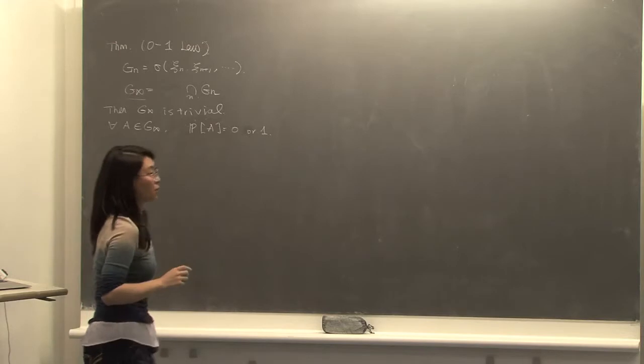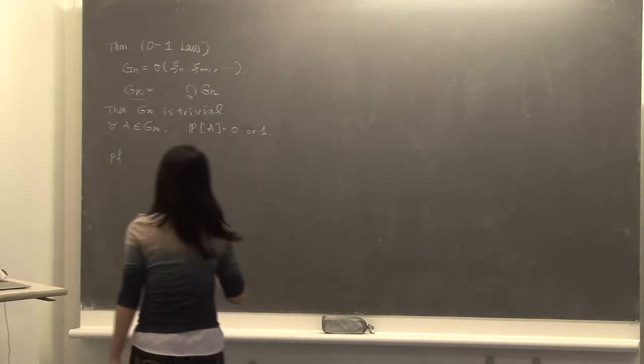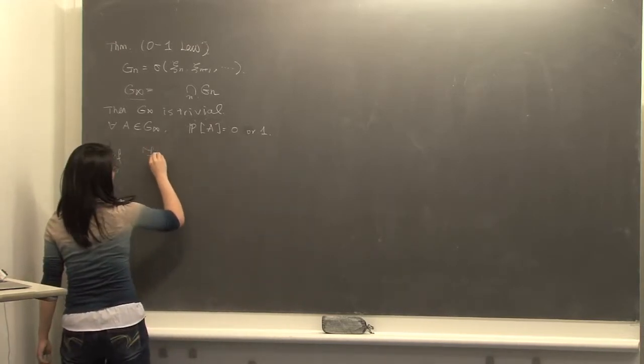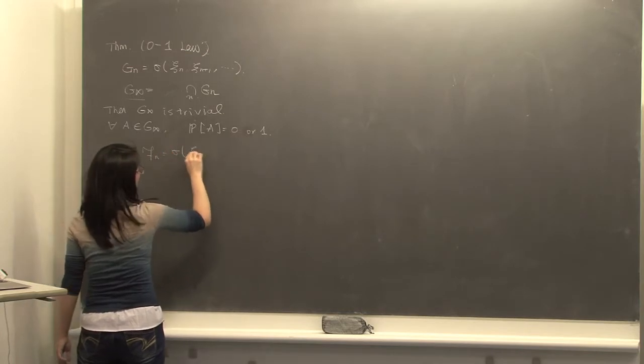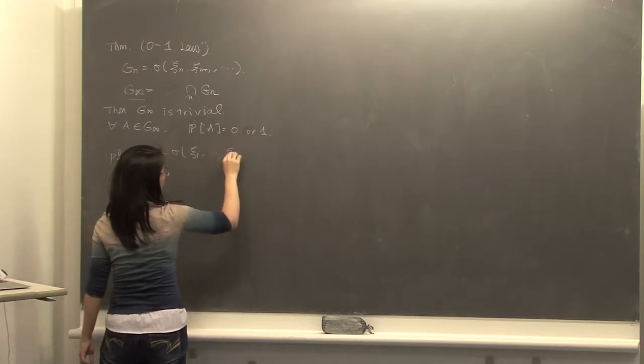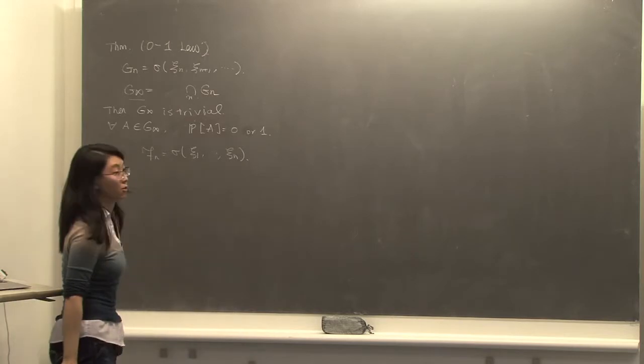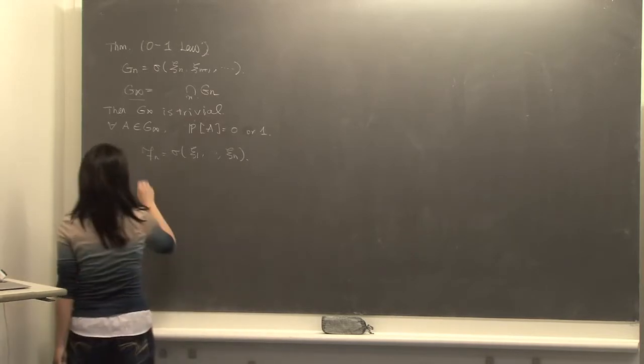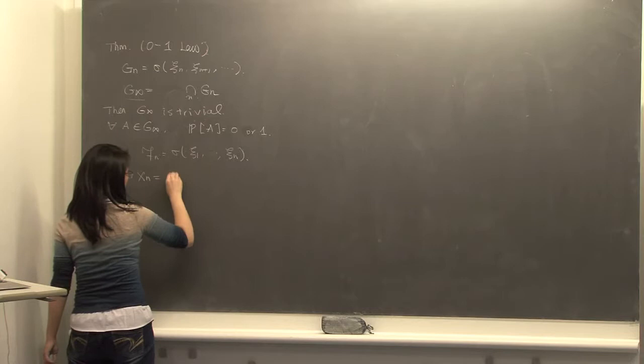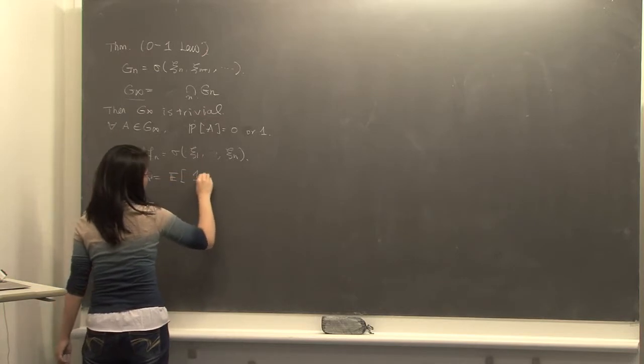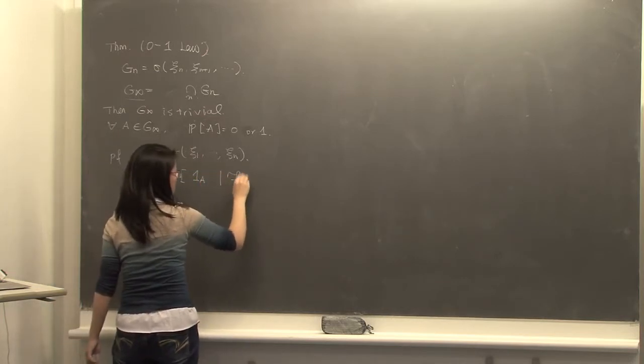Now we will give a new proof by convergence of martingales. So we define Fn in the usual way, so it is the information up to n. And then we define a new random variable Xn, the conditional expectation of A given Fn.